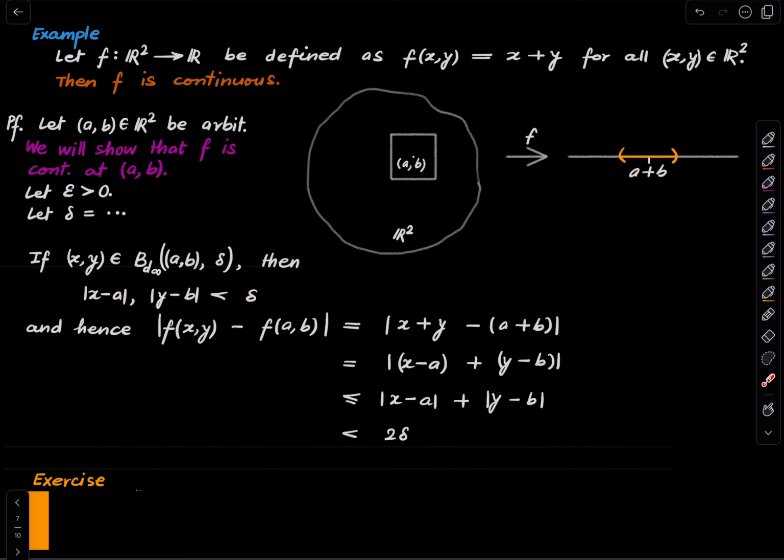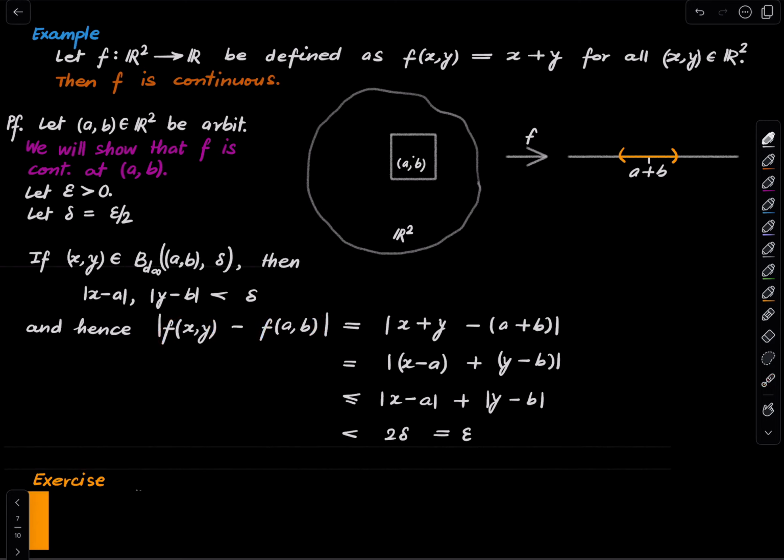What we wanted to do was show that this is less than epsilon. So if we just choose delta as epsilon by 2, we see that this is less than epsilon, like 2 delta is equal to epsilon. So this thing is less than epsilon, and hence f(x, y) is in the ball of radius epsilon with this as the center, right? So I'll just write one more line.